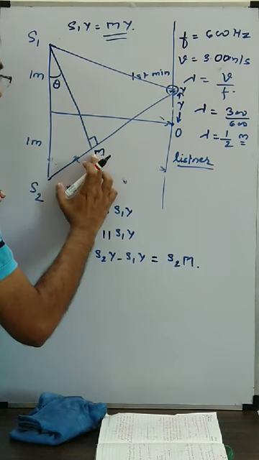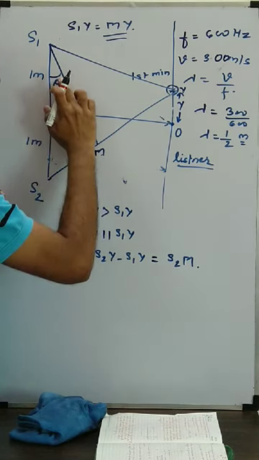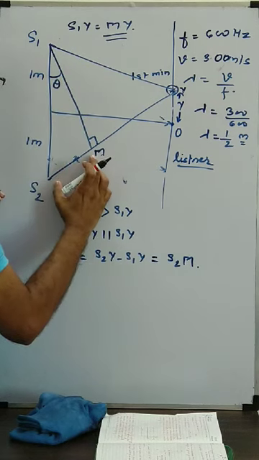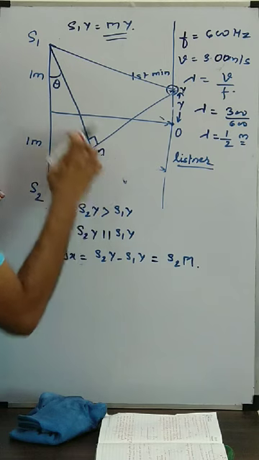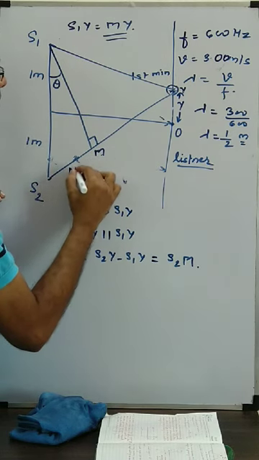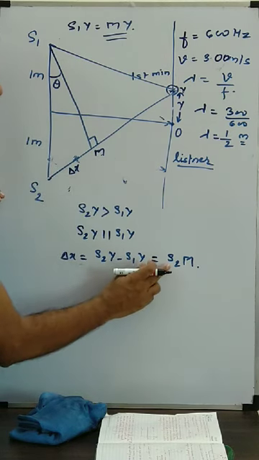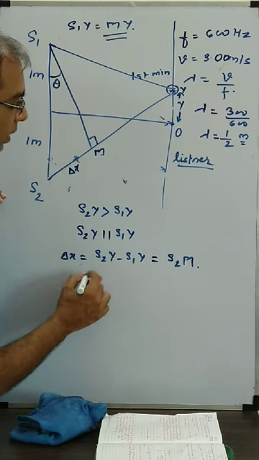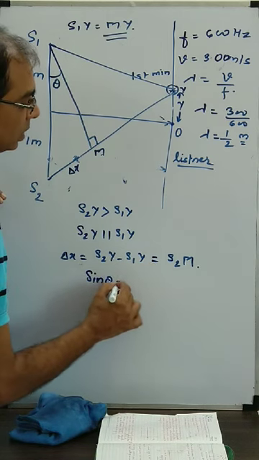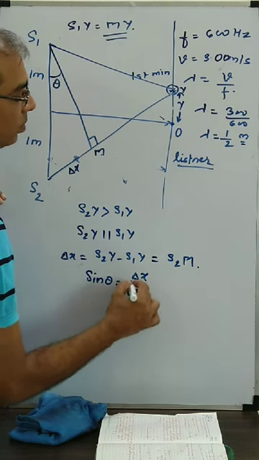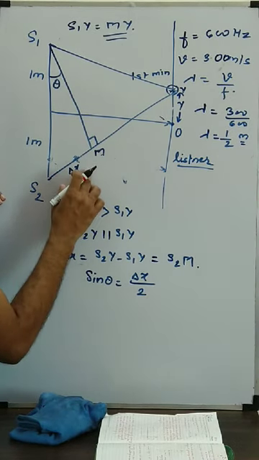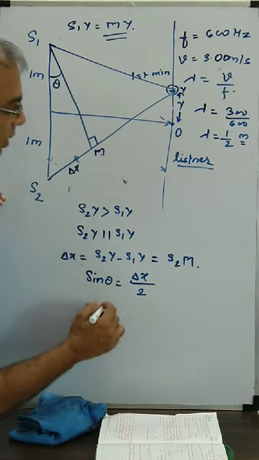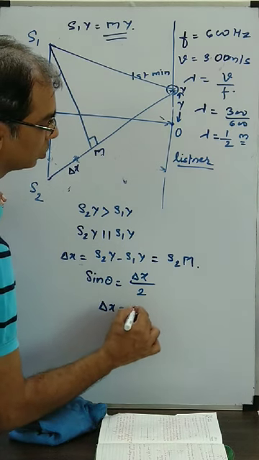I want this value, so I can say sine theta equals opposite by hypotenuse. So what we are saying is delta x for us, this one. So what we will get: sine theta equals delta x by 2, and delta x will become 2 sine theta. So the path difference here is 2 sine theta.